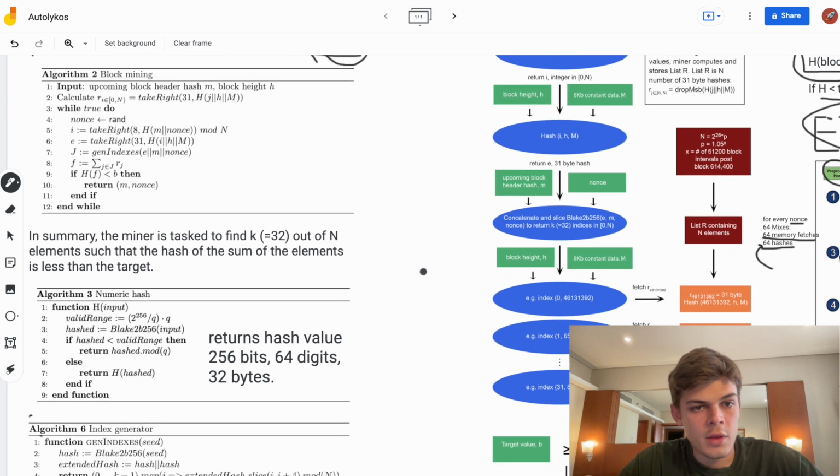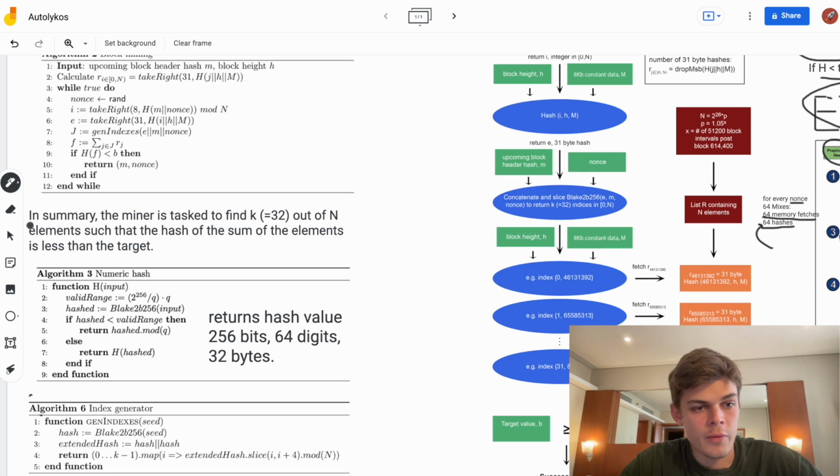So what is the summary of Autolykos? Well, we've got a quick summary here. In summary, the miner is tasked to find k, which is equal to 32 out of n elements, such that the hash of the sum of the elements is less than the target.